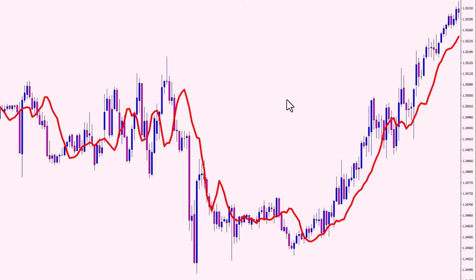In other words, this is the other thing about the moving average: it is a trending indicator. So this might be a period when the market is very quiet, like the Asian market or something like so.